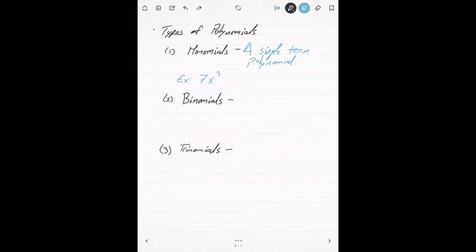And you can have really any term that you want, as long as you have a real number to begin with, and then you have it times x to some whole number power. Let's say this power would be, I don't know, 10. Would this count? What if I just had the number 5? Would this be allowed as a monomial?